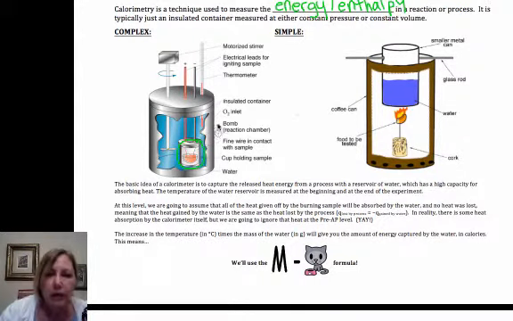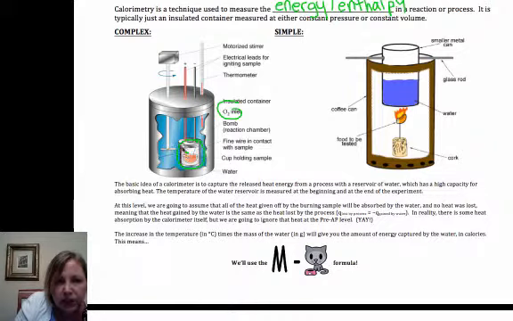Now, in a bomb calorimeter, what happens is we combust in this little chamber. We add oxygen, so pure oxygen's added into the chamber, and then the heat from the combustion is released into the water. And so what is actually measured are the temperature changes in the water.